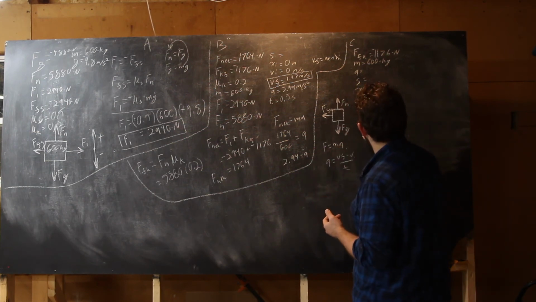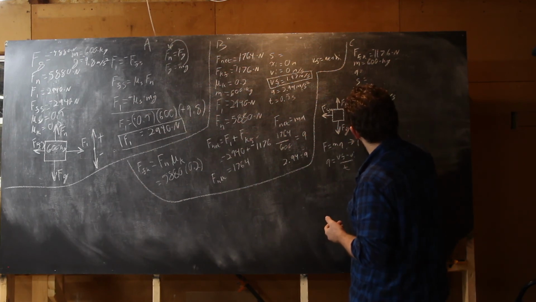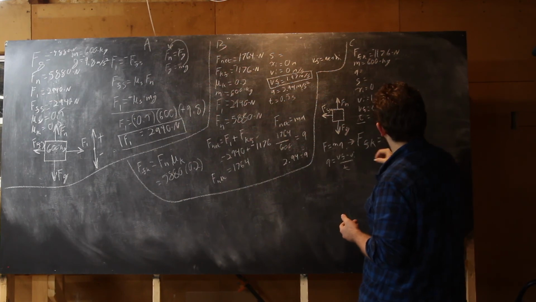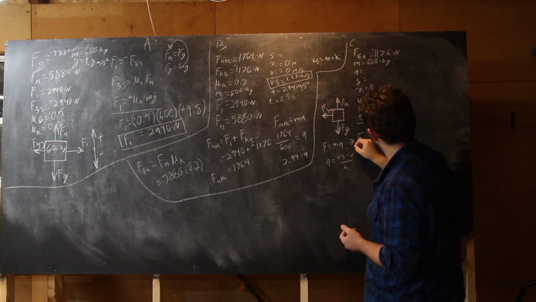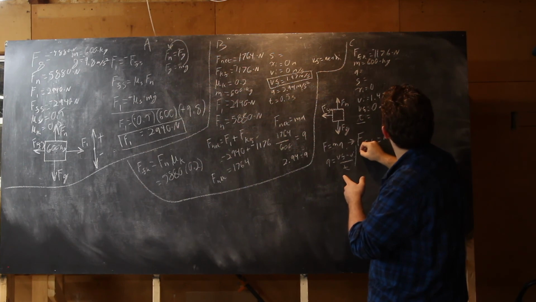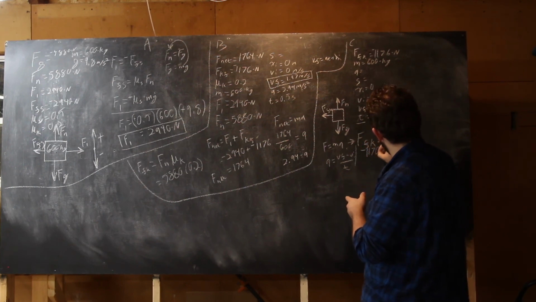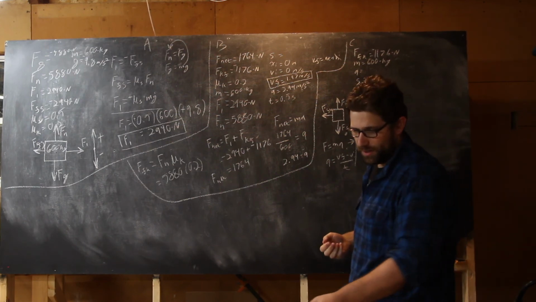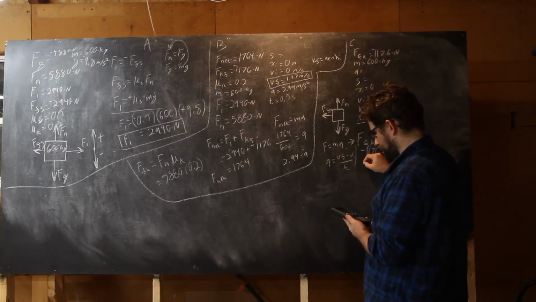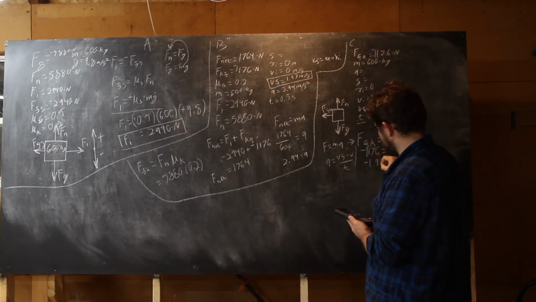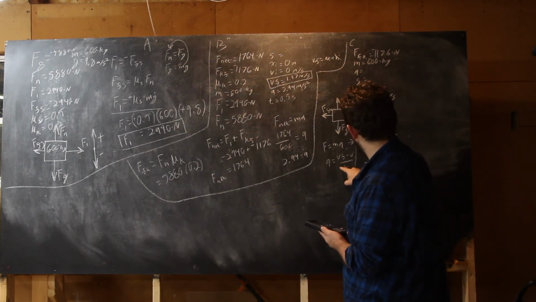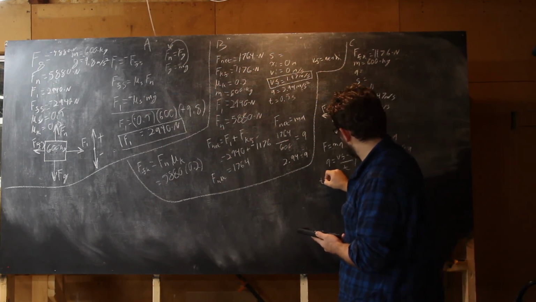So F equals ma, it's going to be force of friction, kinetic, equals ma, and I have this force, so that's going to be negative 1176 equals 600 a. So let's go ahead and calculate. Acceleration is going to be negative 1.96 meters per second squared. Then I can plug that in over here. So I'm going to solve for t.